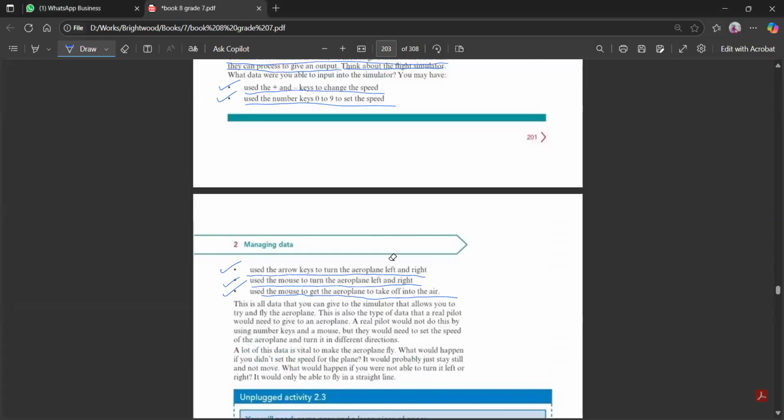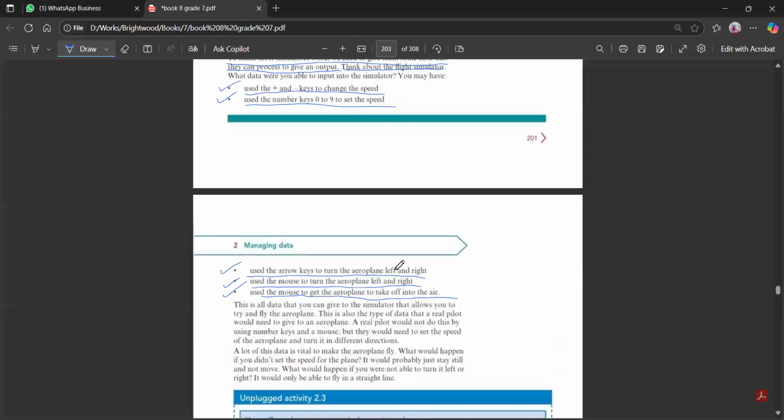Yes, write them. How can simulators work? There can be a lot of options with simulators. It can be the numbers 0 to 9 or something like that.